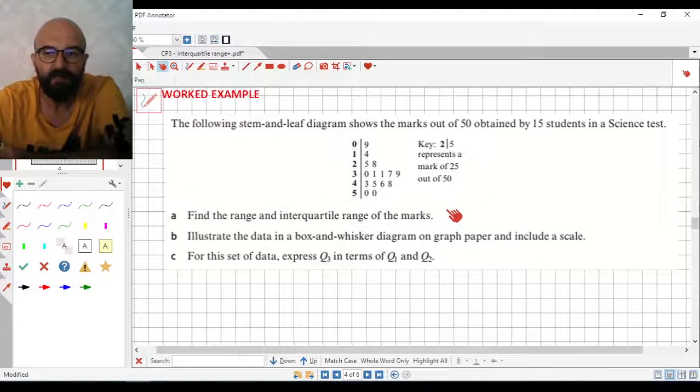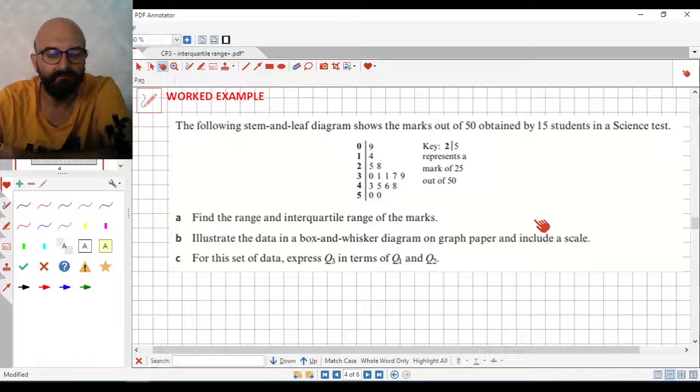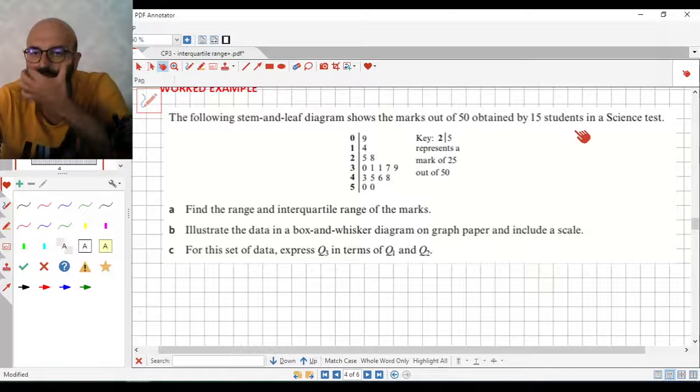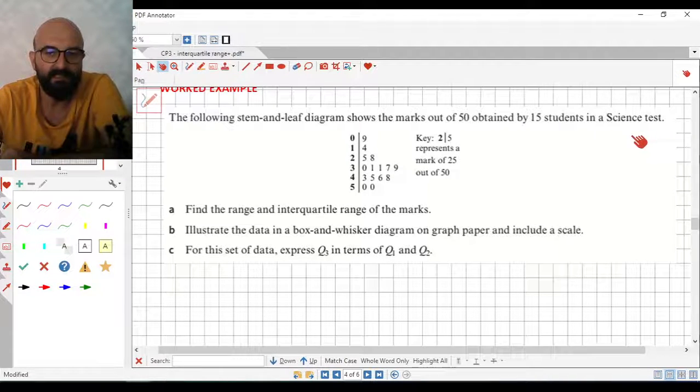Okay, we have an example about whisker and box diagrams. The following stem and leaf diagram shows the marks out of 50 obtained by 15 students in a science test.